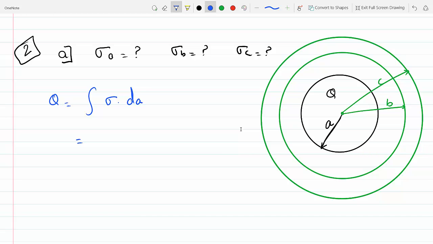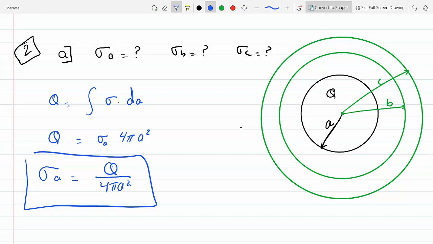And assuming a uniform surface charge density, you are left with dA being the area of the sphere, which is 4 pi a squared, equals Q, which makes sigma A equal to Q over 4 pi a squared.